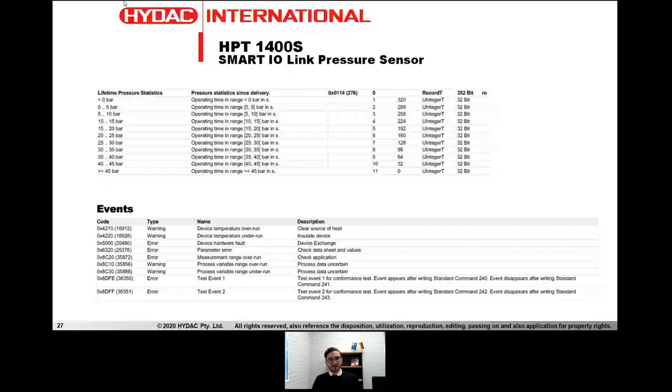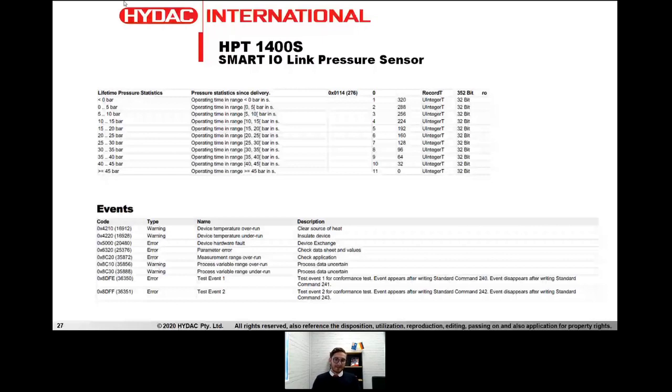The other interesting thing with IO-Link sensors, and this one in particular, is it gives you events, or what we call warning and error information, that your PLC can read. A lot of the time you may get a call like, the sensor's not working, or the process isn't working in a plant.